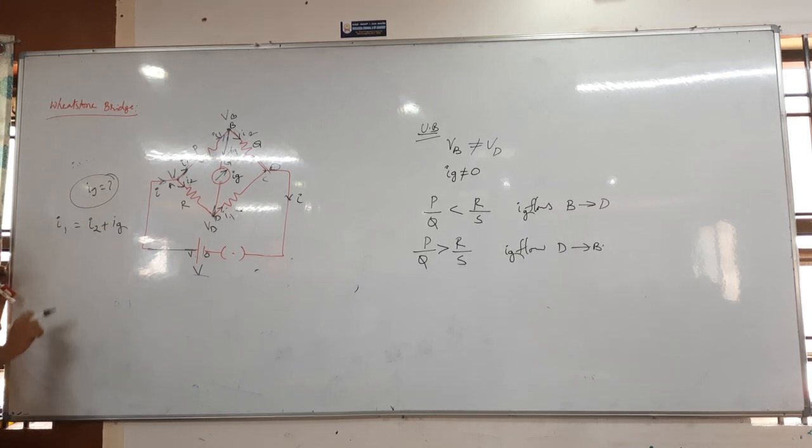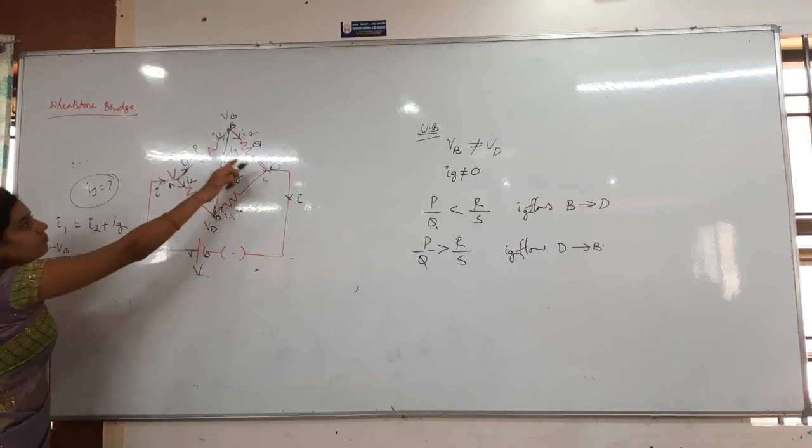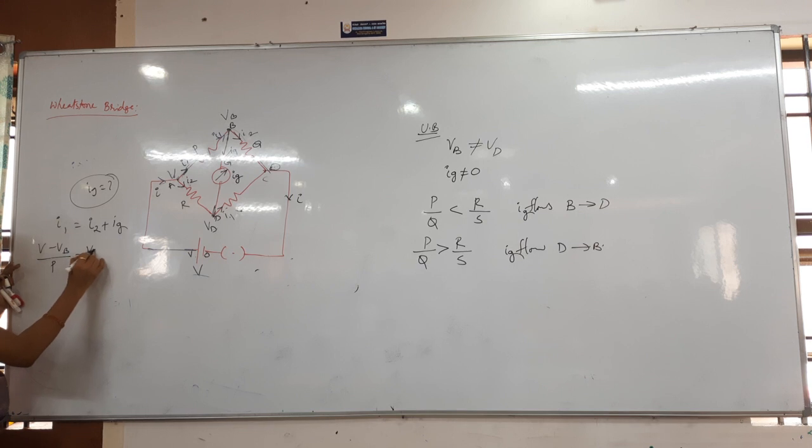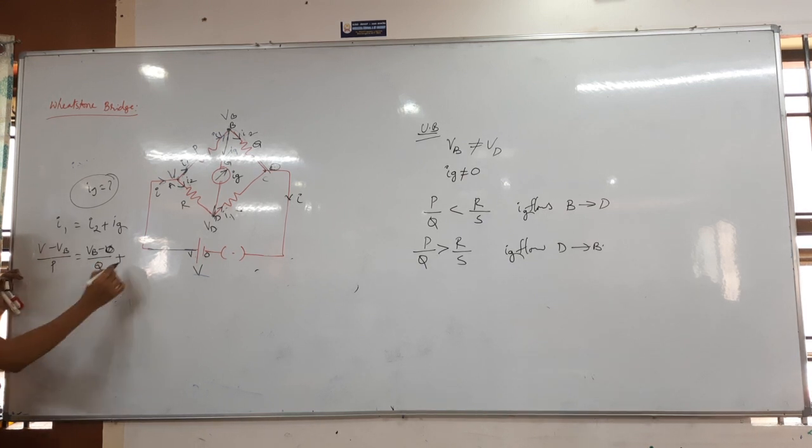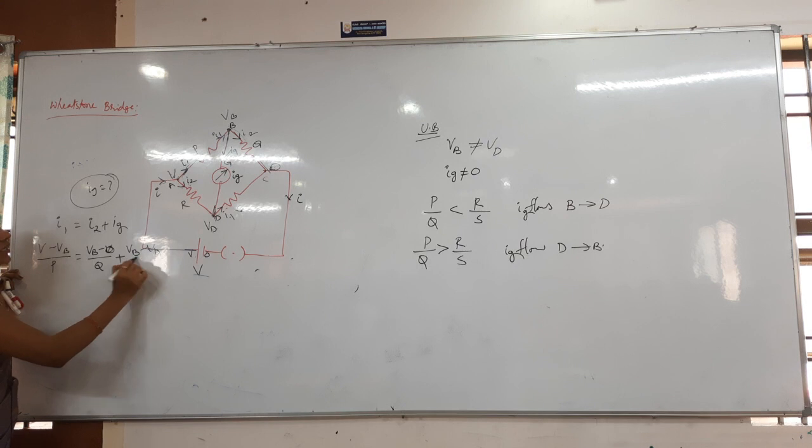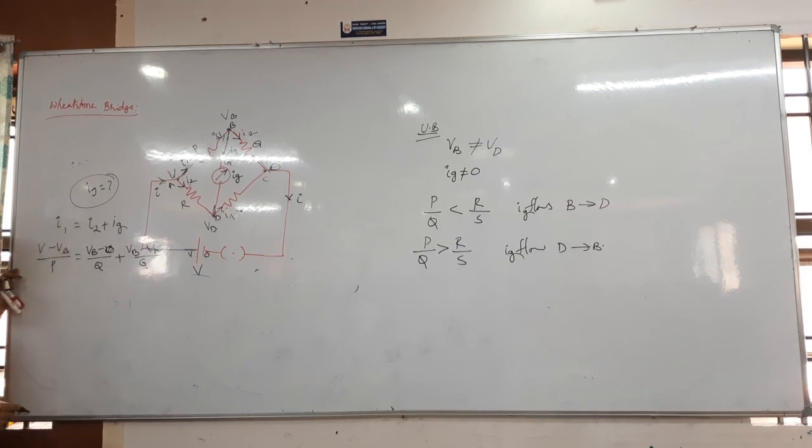Now I1 is in between V and VB, so that is (V minus VB) by resistance P. Then I2 is in between B and 0, so that is (VB minus 0) divided by resistance Q. Then IG is in between B and D, so that is (VB minus VD) divided by G.